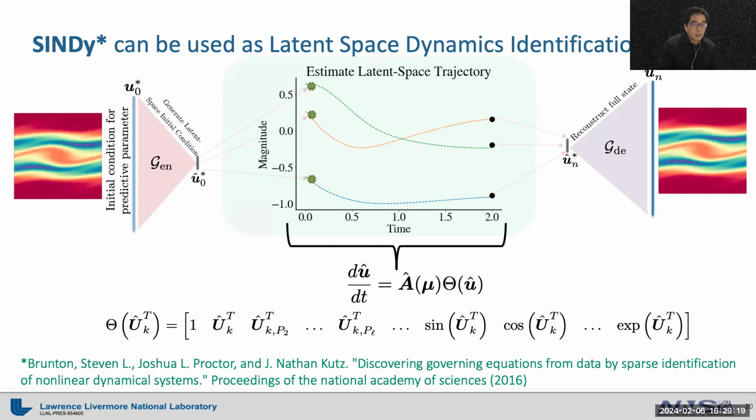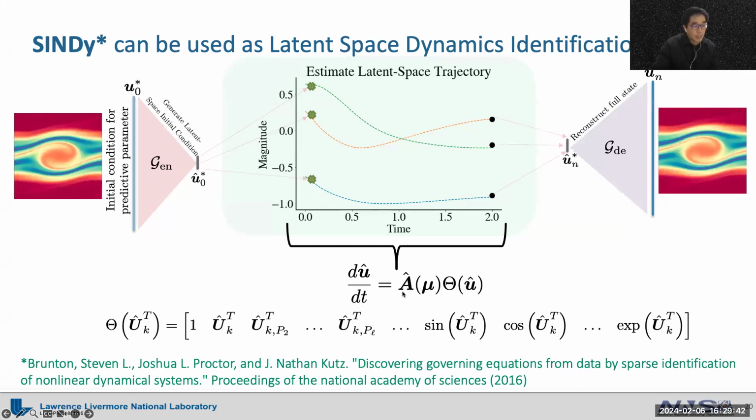But this comes with some limitations, simply because we are using this strong form of the ordinary differential equations, with the derivative terms on the left with respect to time for the latent space dynamics.